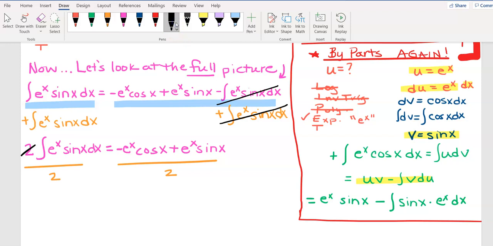The left 2's would cancel, right? And we would have remaining the e to the x sine of x, and I bet you know already where I'm going. And on the right-hand side, this whole expression is being divided by 2, which is another way of saying multiplied by half.